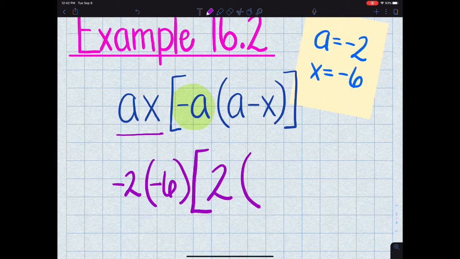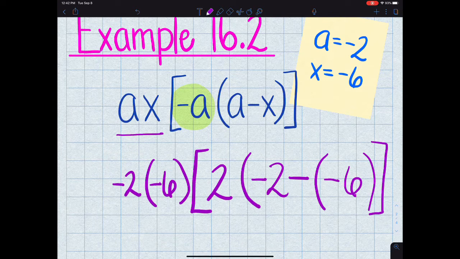And then in parentheses, a, which is -2, minus x, and then x is just going to be this x, which is -6. So I'm going to do -2 minus -6 there.